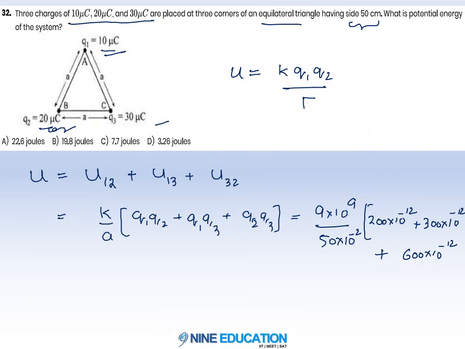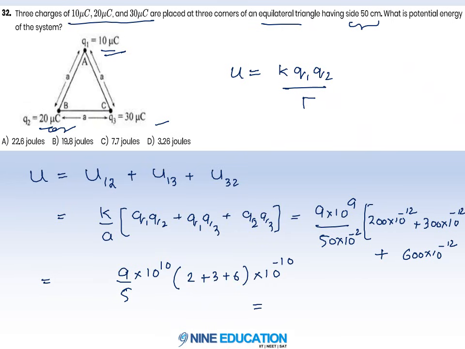So we are getting 9 by 5 into 10 power 10, times 2 plus 3 plus 6 into 10 power minus 10.